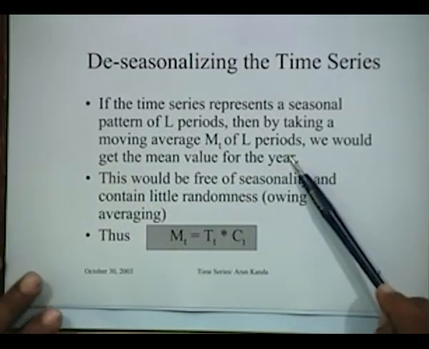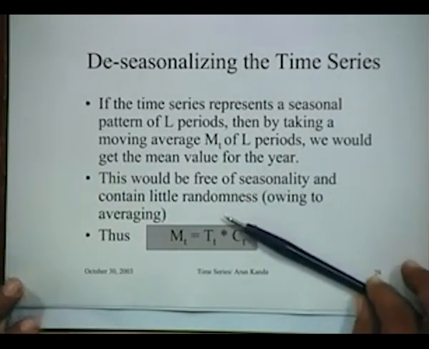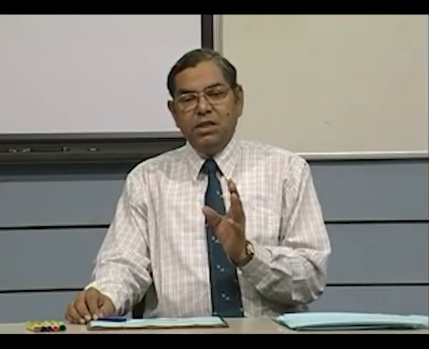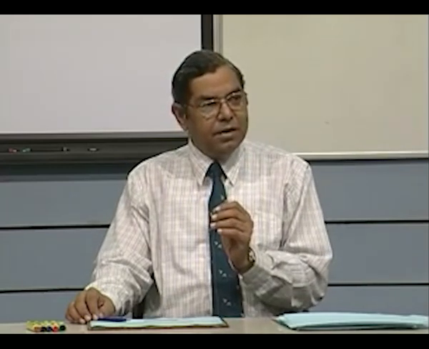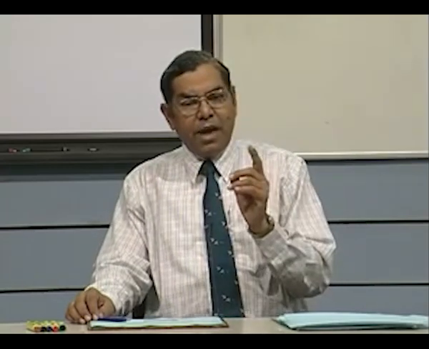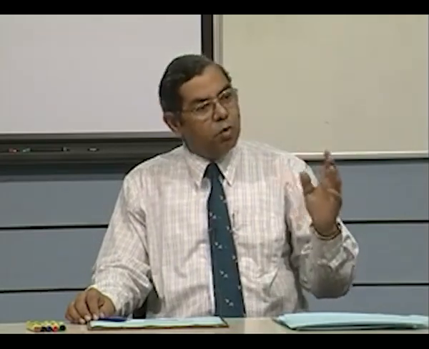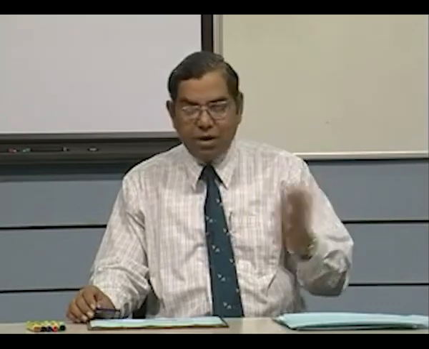I think this is obvious. For instance, if there are 4 seasons, so each season is of 3 months duration, right? So if we take the demand average for 3 successive periods, that would in fact be the average demand over these various periods. That's what we are trying to say.